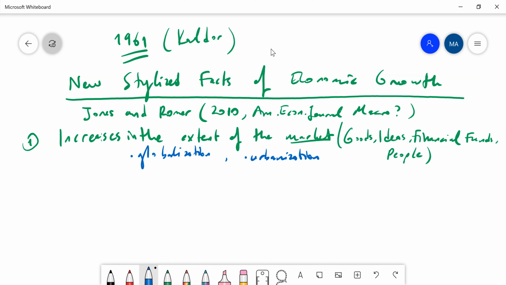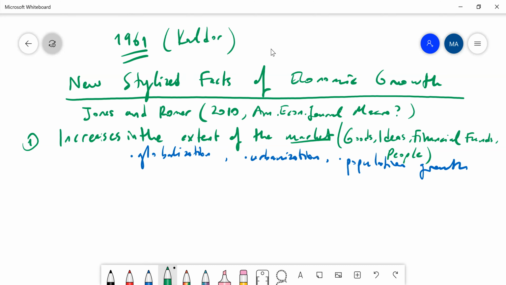Okay, and because of globalization, international markets are much more connected as well, and much larger as well. Of course, there's also population growth, right? So population growth is also part of this process. Okay.